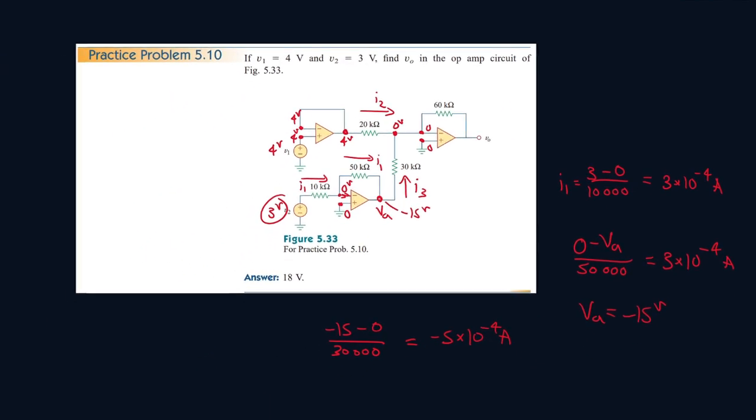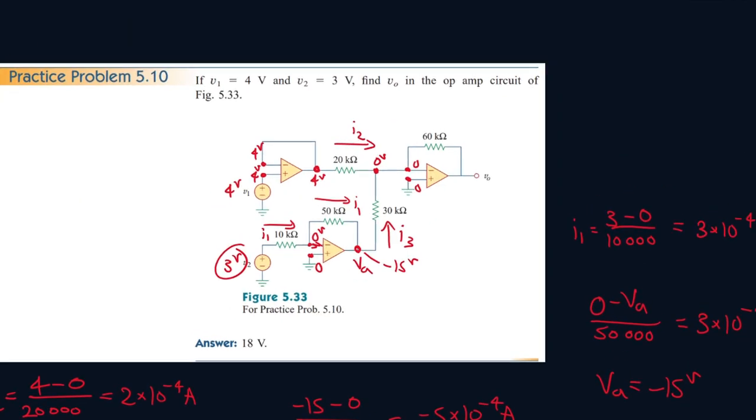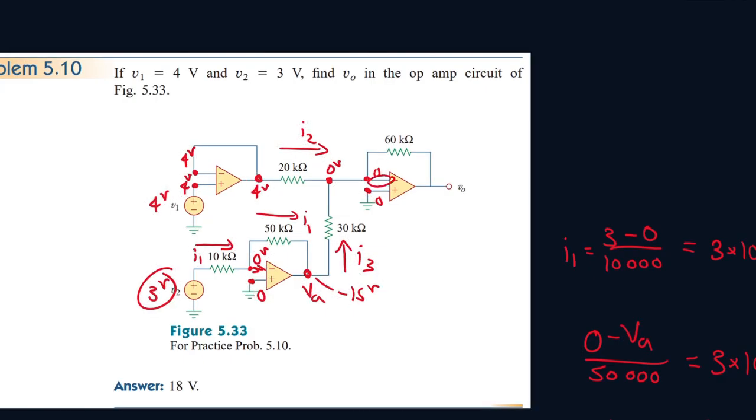Let's find I2. I2 will be 4 minus 0 all over 20,000. And that's 2 times 10 to the minus 4 amps. Okay? And finally, since we know the current for this wire is 0, we're just going to ignore that. So that means the current here, let's call this I4, will be the same as the current here.